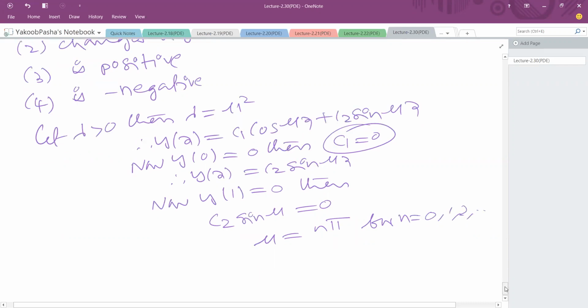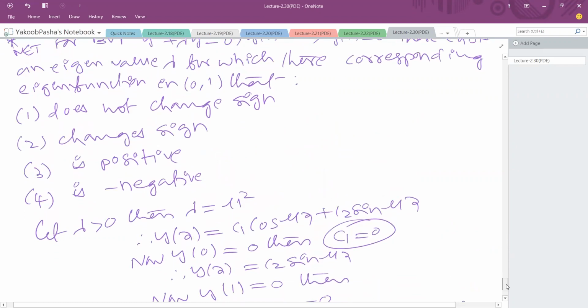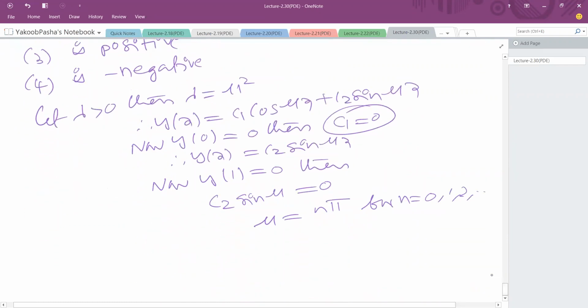So what we have to find is the eigenfunction in the open interval 0, 1. Therefore, y of x is equal to c2 sin n pi x.